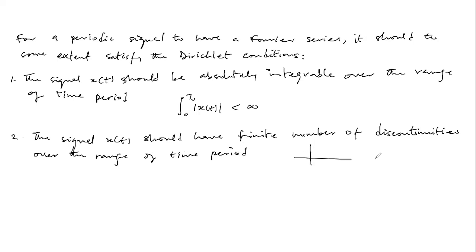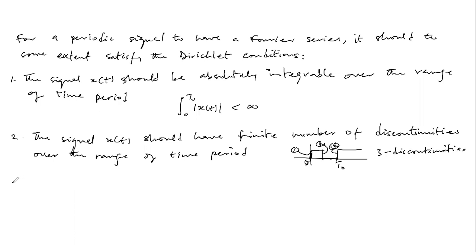So if we have a signal, say something like this, this is T naught, and this is 0, so this is one discontinuity, this another discontinuity, this another discontinuity. So we have 3 discontinuities. So it should be fine.